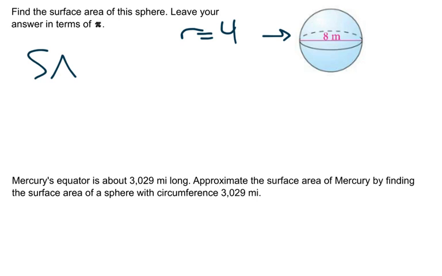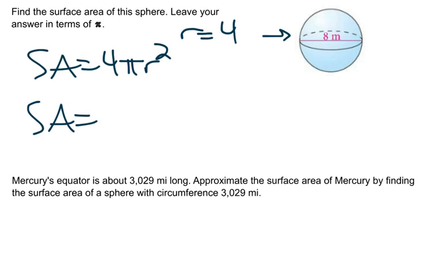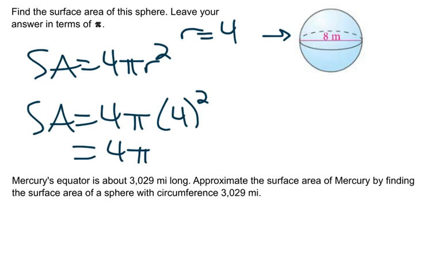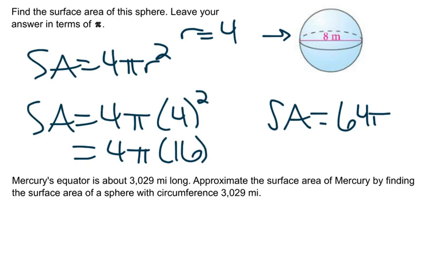And again, the surface area formula is 4 pi r squared. So all we have to do now is substitute the 4 in for r. So the surface area is 4 pi, and then we're going to put the 4 there, squared. So that gives us 4 pi times 16. So our final answer is 4 times 16 is 64 pi.